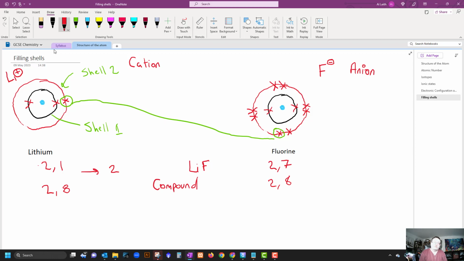But I would like to draw your attention to the fact that I have done an interactive to show this, which I'll provide the link to underneath this video, where we can look at electronic configurations, and you can see a bit more about how that interacts with the atomic number and the atomic mass. So what I'm going to be doing after this is looking at the periodic table and looking at some reactions.